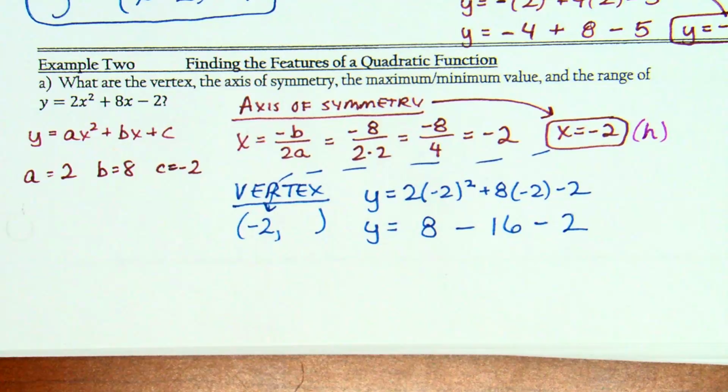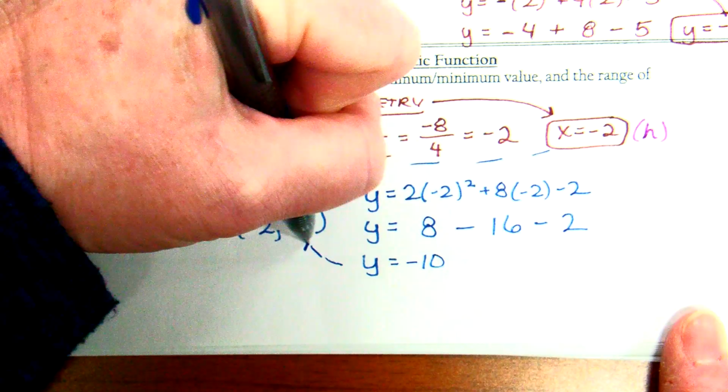The second number in the vertex. You see this process we keep doing today? Axis of symmetry, vertex. Axis of symmetry, vertex. Hopefully you walk out of here today knowing how to do that.